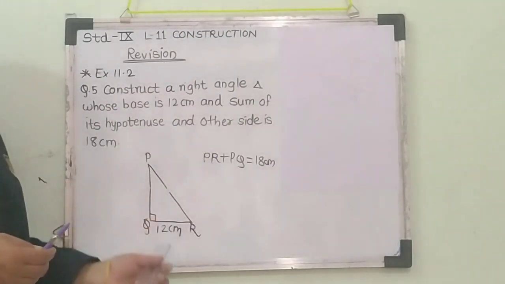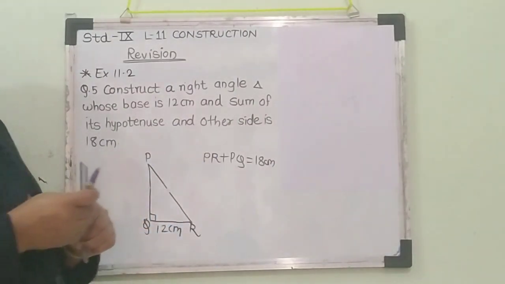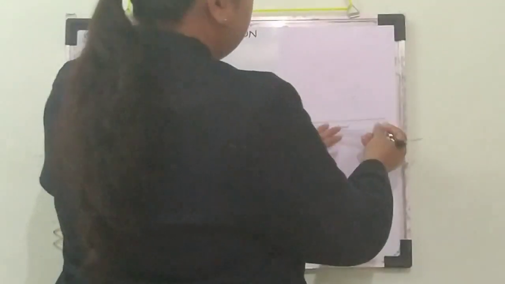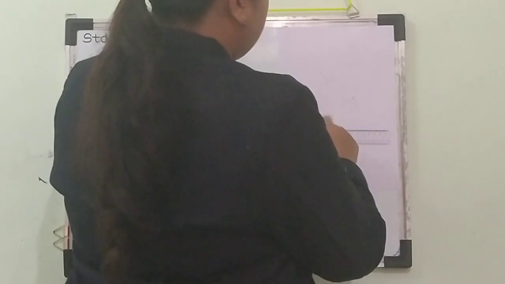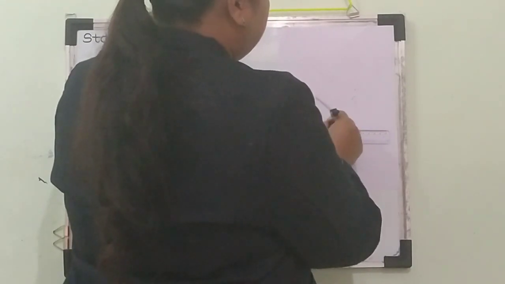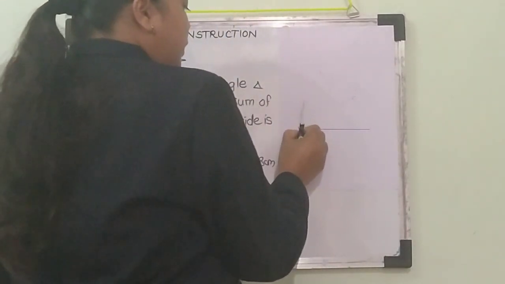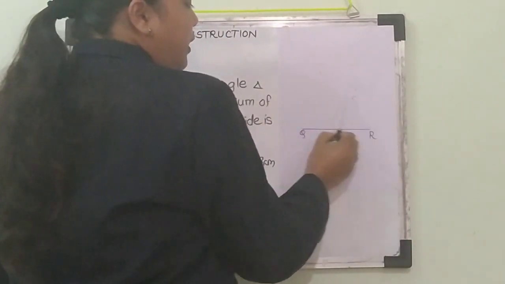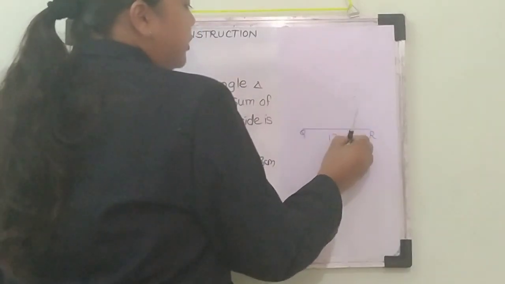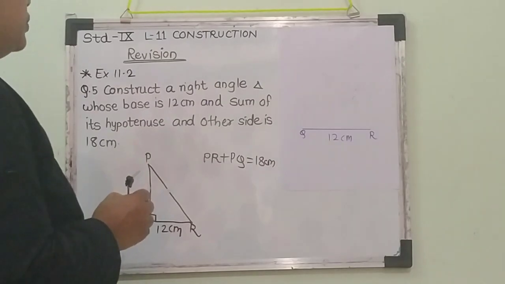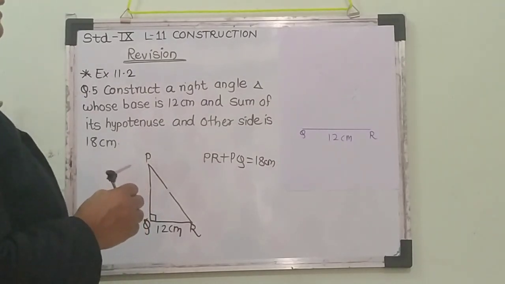So first we have to draw QR. It is of 12 centimeter. So initially we are going to draw QR, 12 centimeter. After that we have to draw the 90 degree angle.